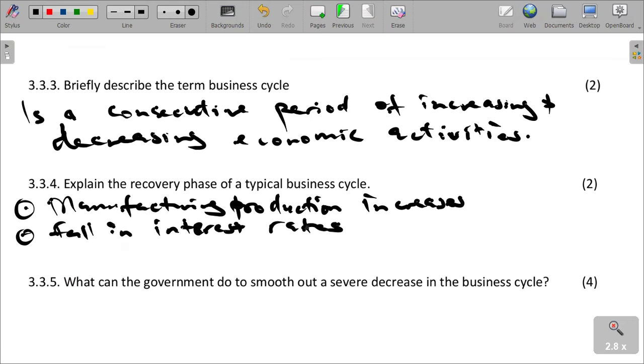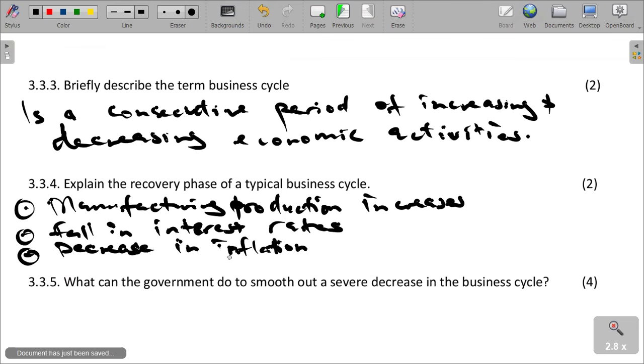It is also characterized by a decrease in inflation, as money gains value, so inflation decreases so that people can buy.